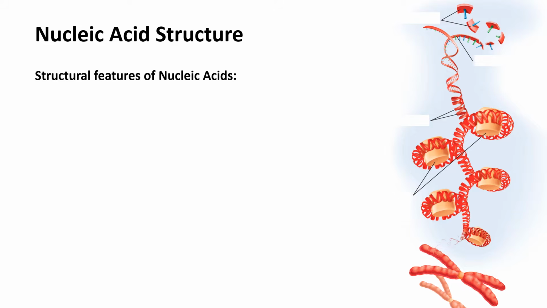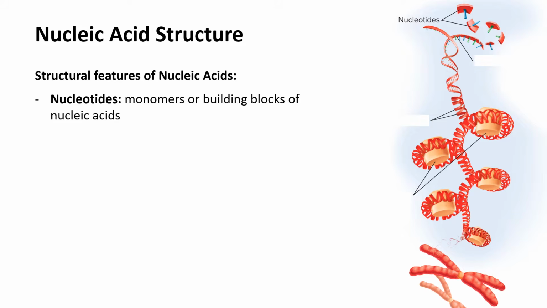So there are some important structural features to nucleic acids. The monomers that build nucleic acids are known as nucleotides. Now you may realize that nucleotides and nucleic acids have the same prefix or word stem, and that is because they are found in the nucleus of cells.